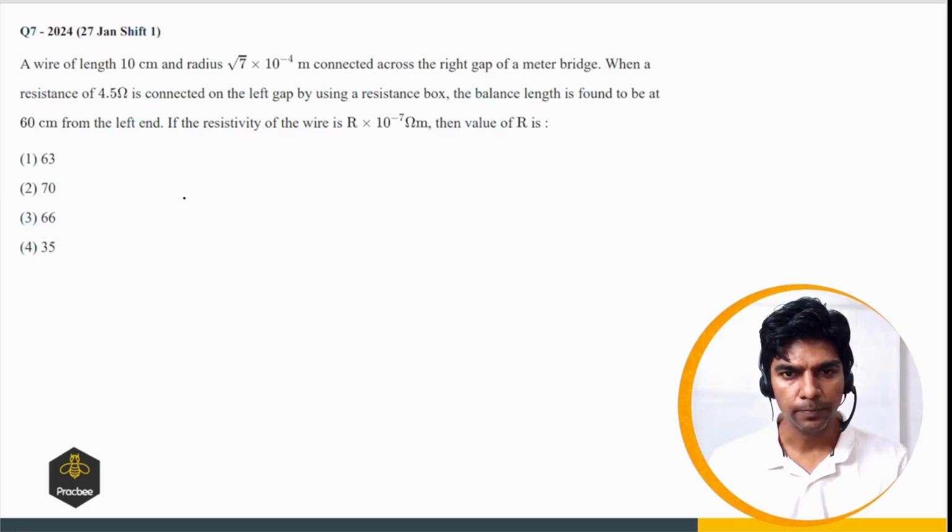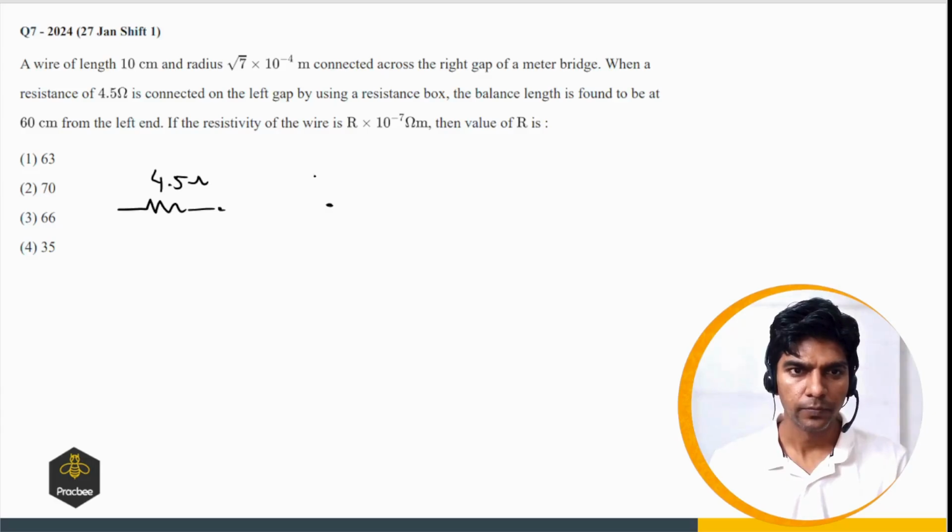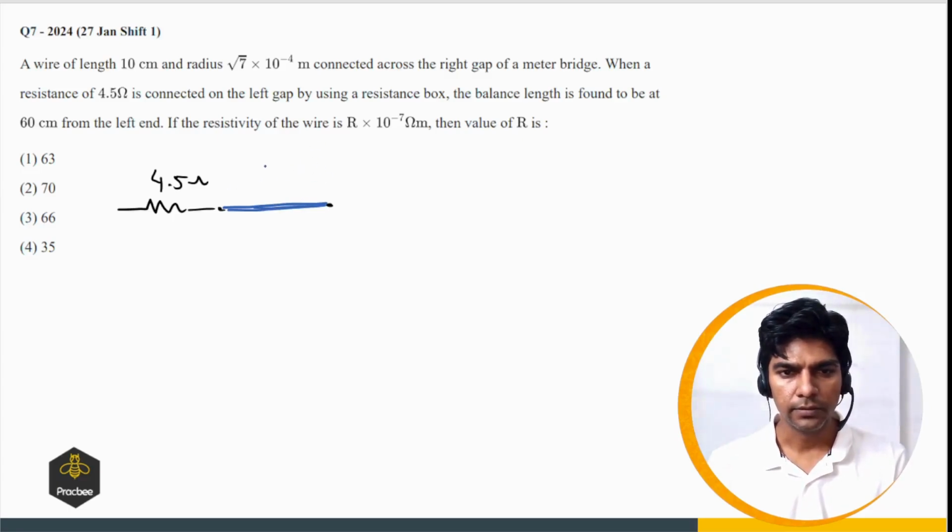So we have given, when a resistor 4.5 is connected in the left gap, so there is a resistor of 4.5 in the left gap, and there is a wire which is having a length 10 centimeter and its radius is root 7 into 10 raised to power minus 4 meter.